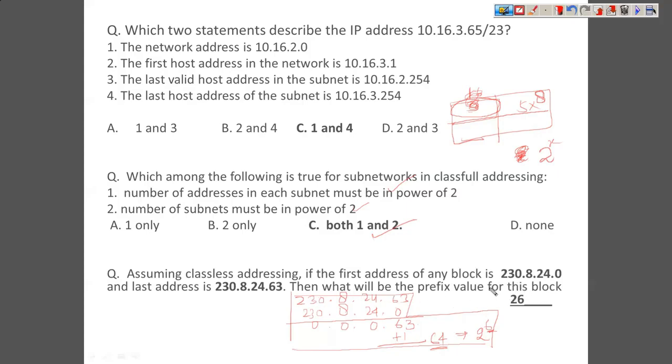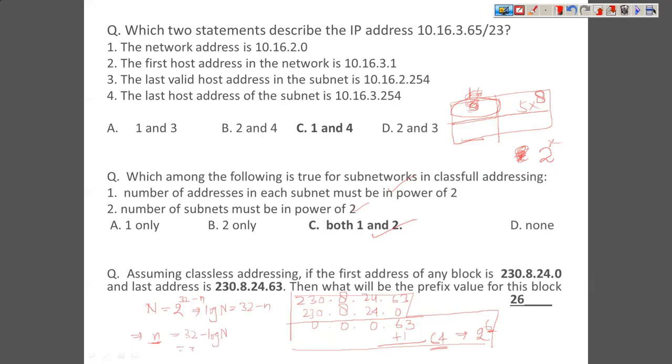Then what will be the prefix value for this block? We have a relationship between the number of addresses and prefix. n, the number of addresses, equals 2 power (32 minus prefix). If you take a log on both sides, log n equals 32 minus prefix, or you can say prefix equals 32 minus log n.